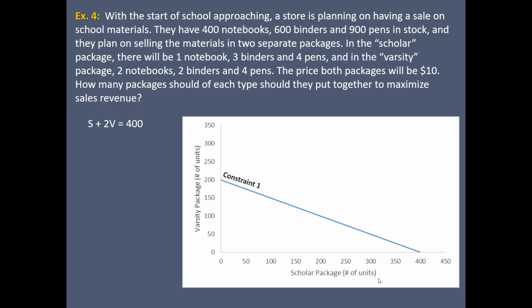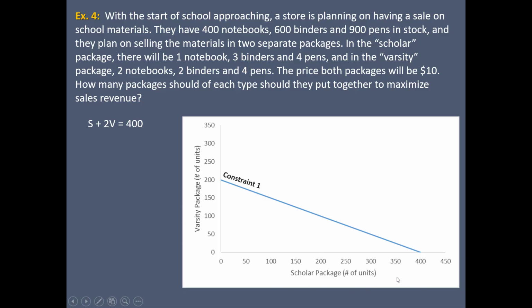The only thing that I highly encourage you to pay attention to is if you are doing an assignment or if you are doing a test, in most cases, I will have already labeled the two axes.